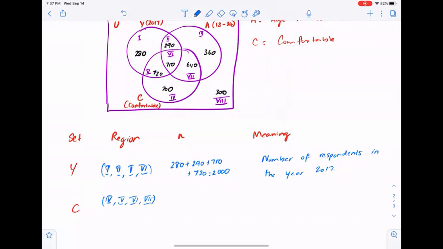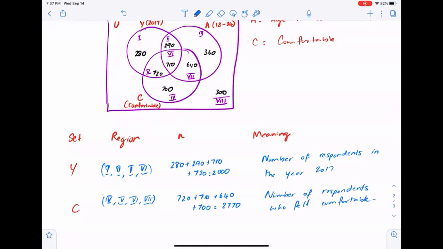The count would be 720 plus 710 plus 640 plus 700, 2,770. The meaning would be the number of respondents who felt comfortable in learning that a family member is part of the LGBTQ community.